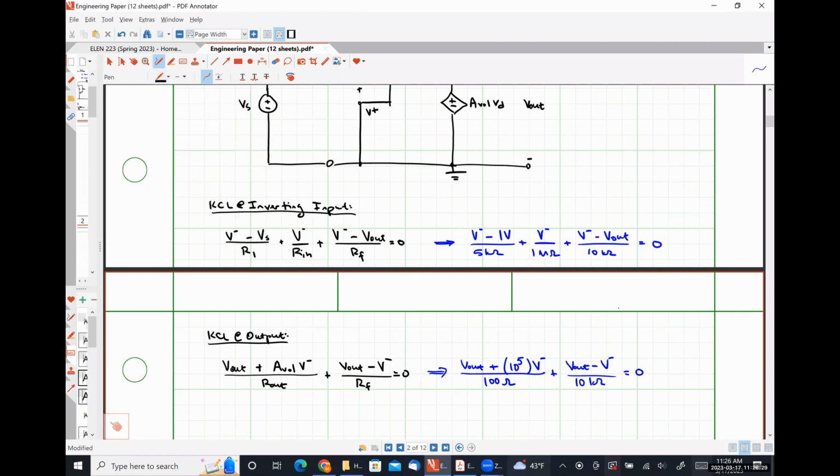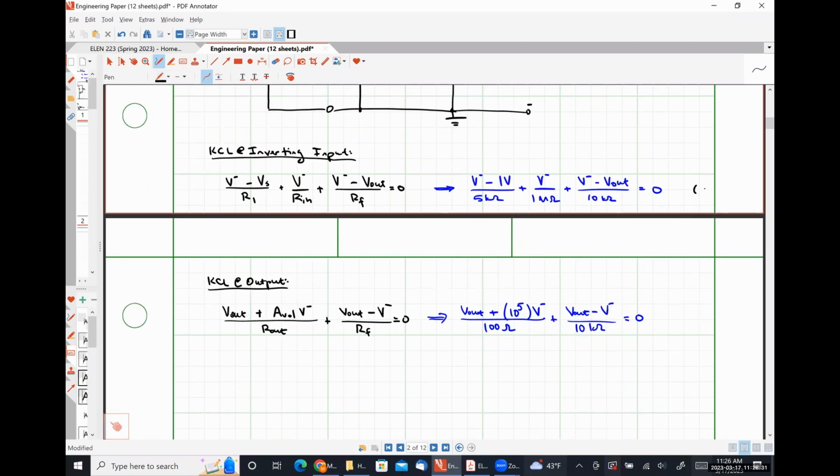All right. So if we solve 1 and 2 simultaneously, what we will get is that V minus is equal to 20.199 microvolts.